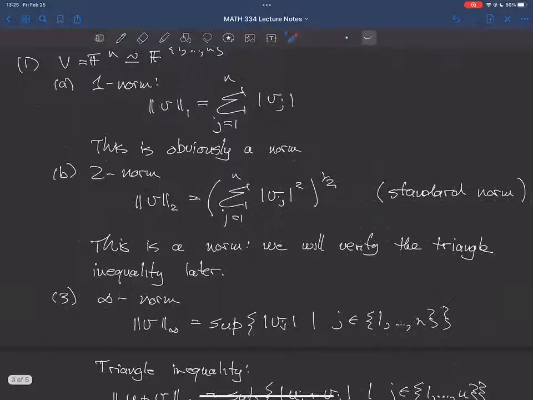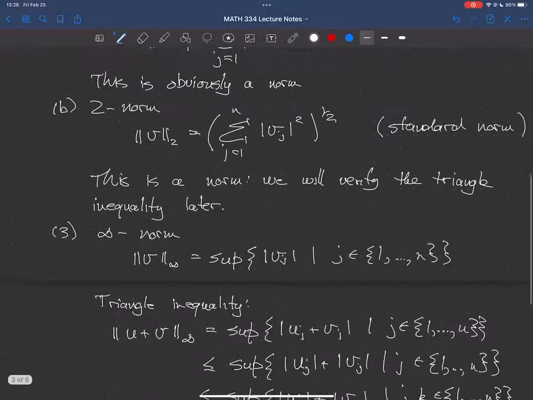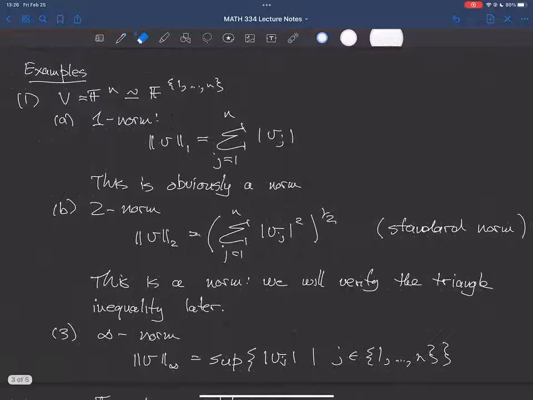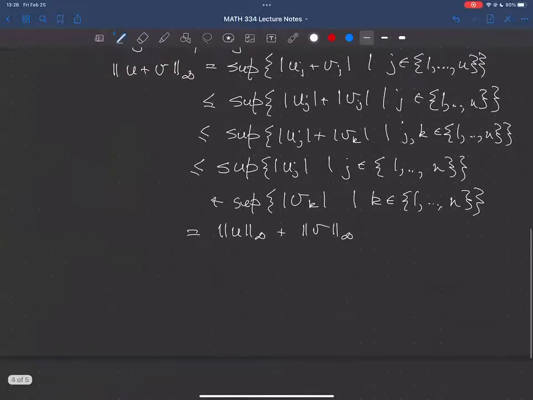And the 1 and the 2 norm can be generalized. Let me, just while we're here, also define a generalization of the 1 and the 2 norm, and that's called the P norm.